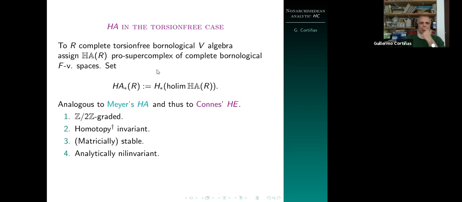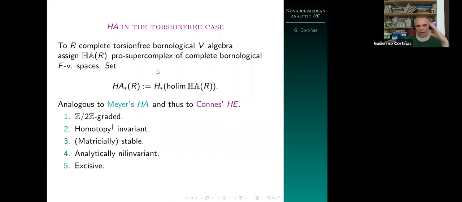And well, the theory is analytically nil invariant. So if you have an extension with nilpotent kernel, then you get an equivalence. But more generally, if the kernel is analytically nilpotent, then you also get an equivalence. And it satisfies excision. Yeah.